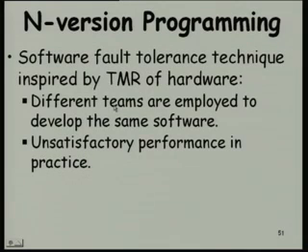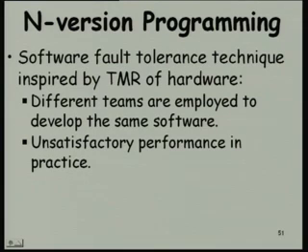In the software domain, we create different versions of the software. We have independent teams that are working on the same problem, 3 different teams developing 3 versions of the software, hoping that they will not commit identical mistakes in their code or their algorithm.